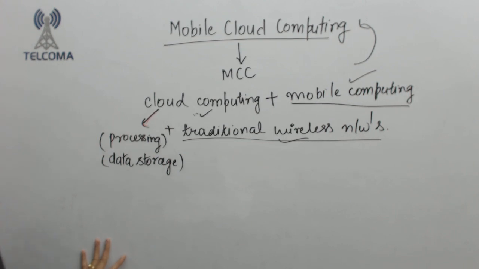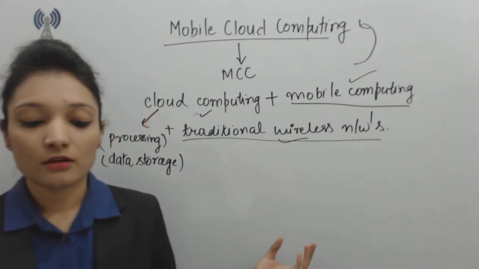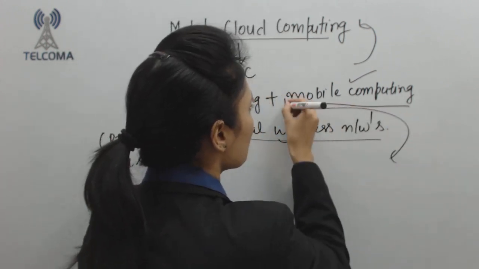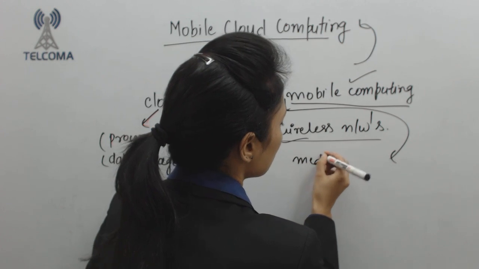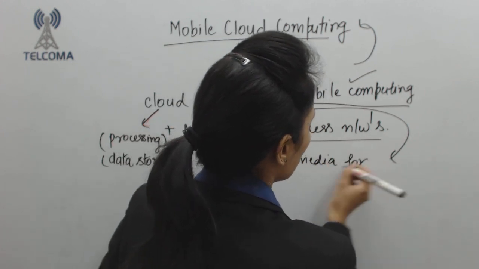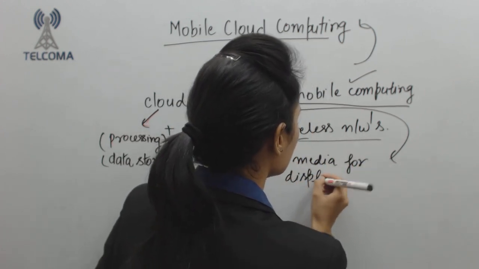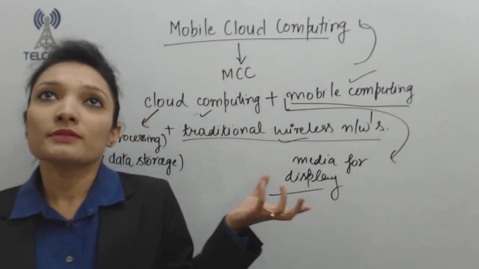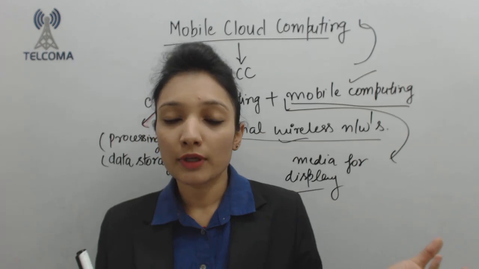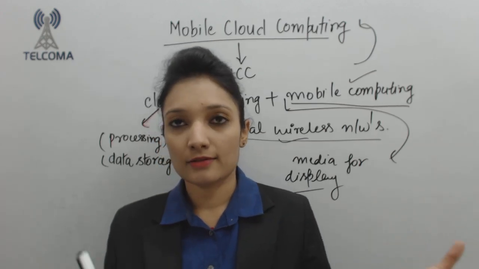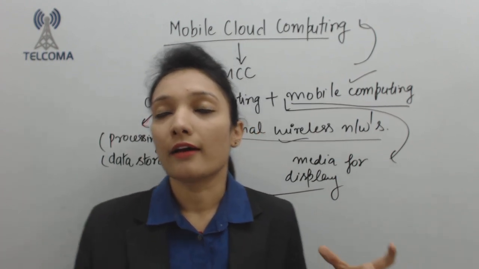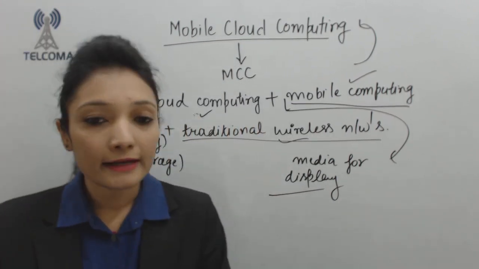Data storage takes place in the cloud and the mobile devices serve as the media for the display of these applications. That means with your smartphones, you can access these cloud based applications. And the transmission media you can use here is your wireless networks.